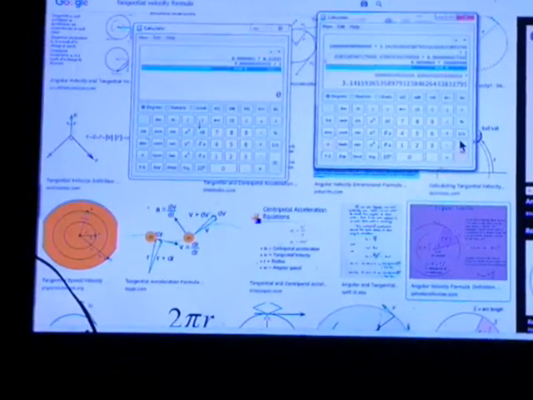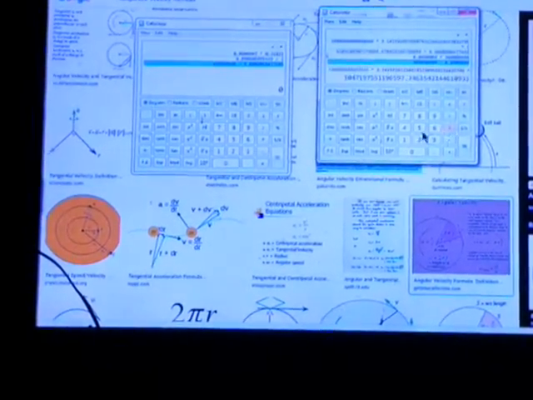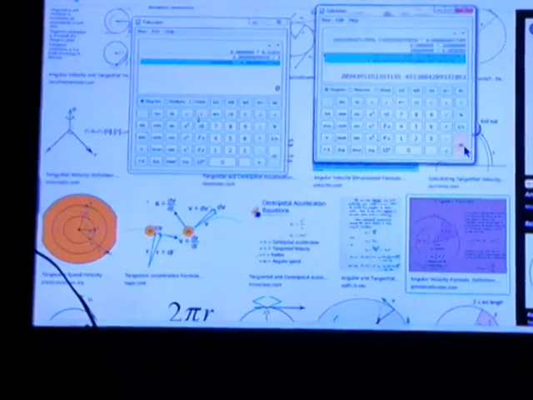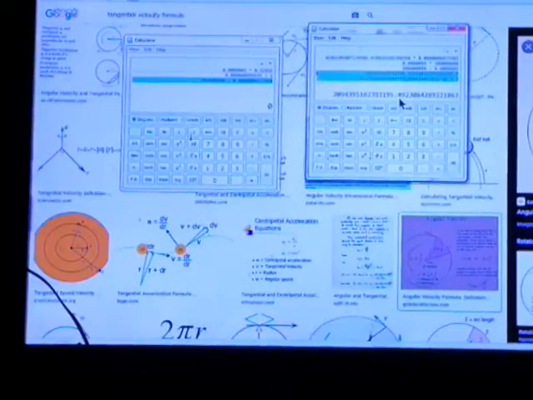So we'll times that by pi, times it by 2, equals that.